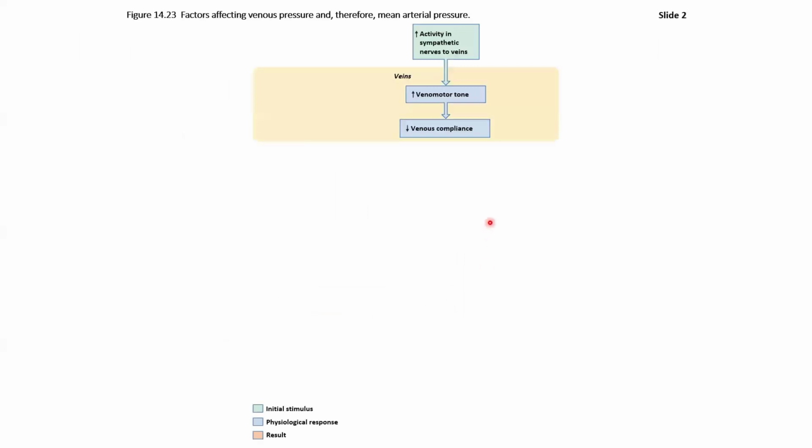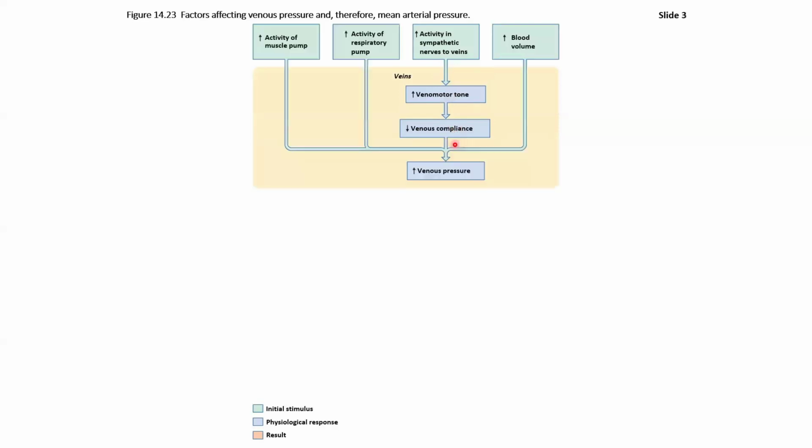So let's walk through that flow of events. So let's say we're in fight or flight or freeze mode. We have activity of the sympathetic nervous system, specifically the nerves that are innervating the smooth muscle within the veins. That increases the venomotor tone, which decreases the compliance because now we're pushing back against that blood in the vein.